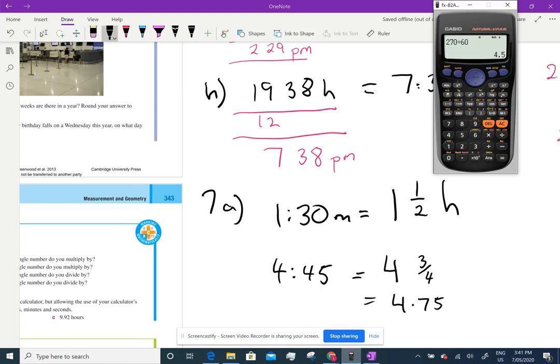Not because I know, but if I type it into my calculator, do it as a fraction, 4 and 3 on 4, and 4.75.